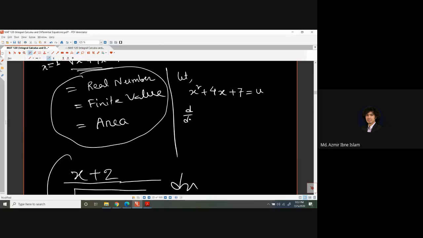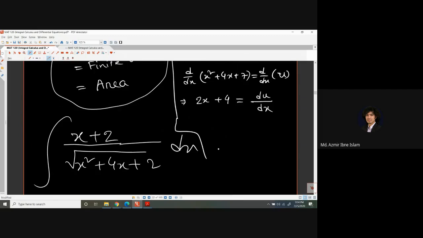So if we differentiate x squared plus 4x plus 7, differentiation of x squared is 2x, differentiation of 4x is 4, and on the right side differentiation of u in terms of x is du dx. So from this part you can see we can factor out 2, that means 2 times x plus 2 is equal to 2x plus 4, which is equal to du dx.